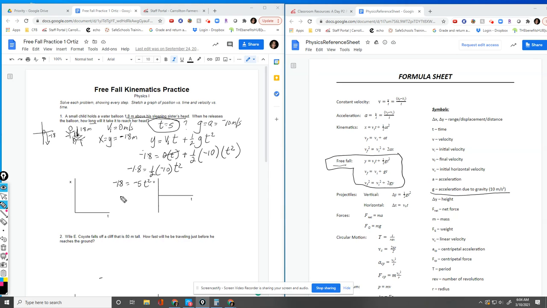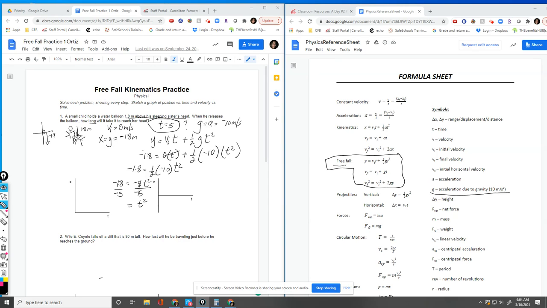And now it's really simple, right? So now we have negative 5 multiplied by t squared equals negative 1.8. So now we just got to get, since this is multiplication, we got to do the opposite, right, to get rid of it. So we divide by negative 5 on both sides. And we get t squared right here because these two cancel out.